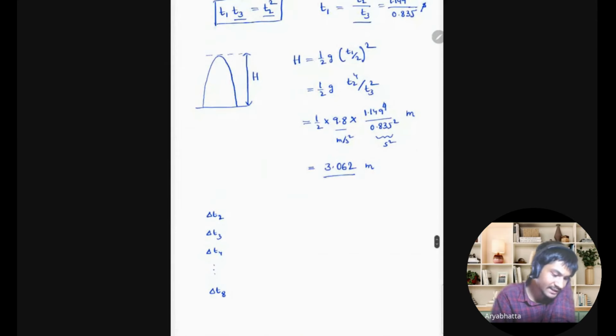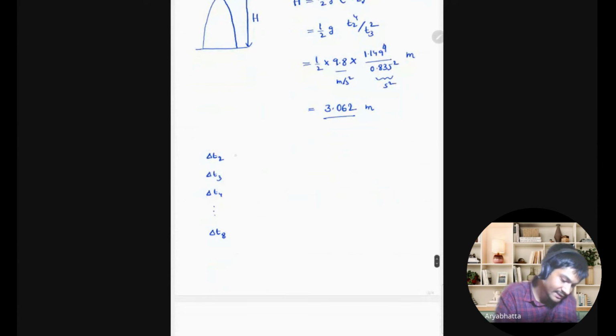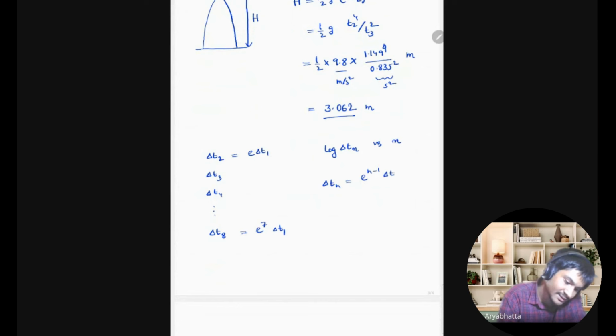And you know that they are in GP. So you can write delta T2 as e times delta T1. And similarly, delta T8 as e to the power 7 times delta T1. What you can do is that you plot a log graph. You can plot a graph of log Tn versus n. Suppose I take our expression of Tn was e to the power n minus 1 times T1.